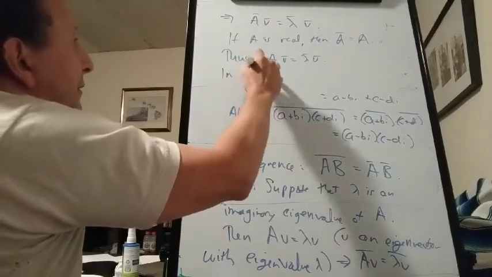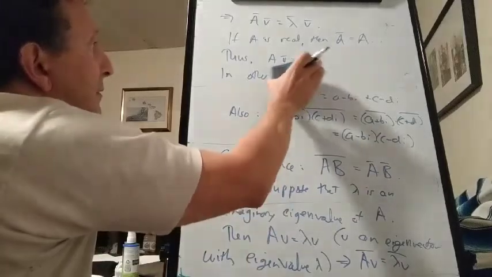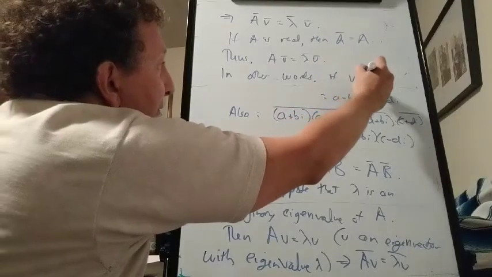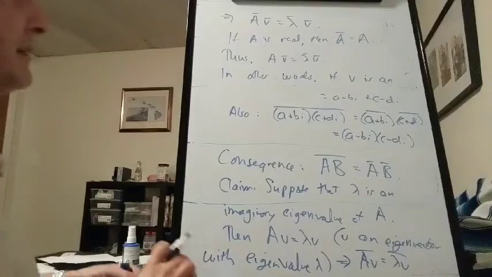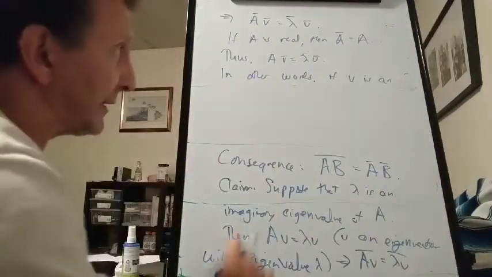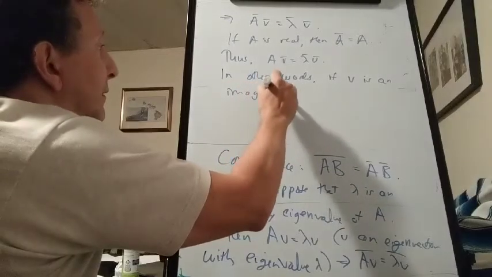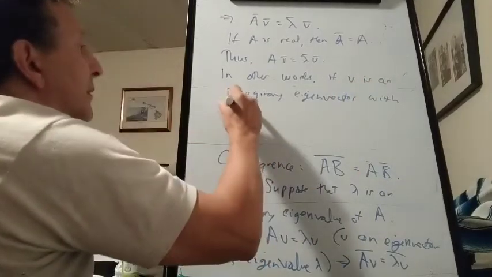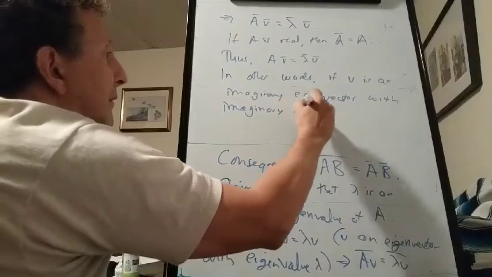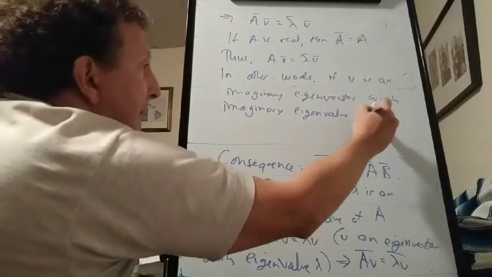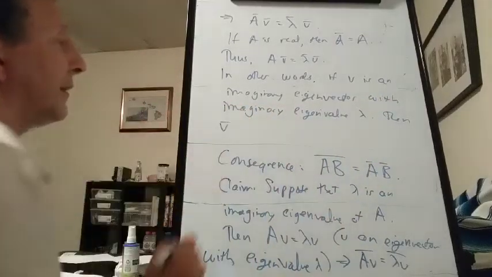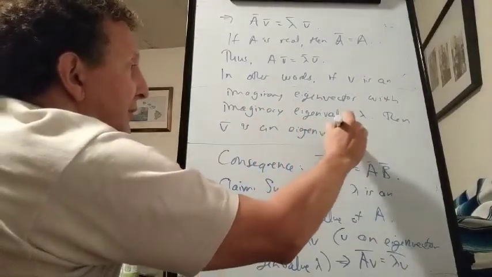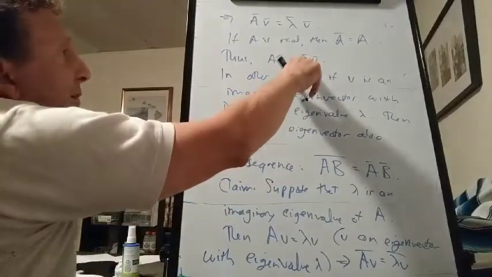So in other words, if V is an imaginary eigenvector with imaginary eigenvalue lambda, then the complex conjugate of V is an eigenvector also. And we can see from this equation what its eigenvalue is. It's lambda bar.